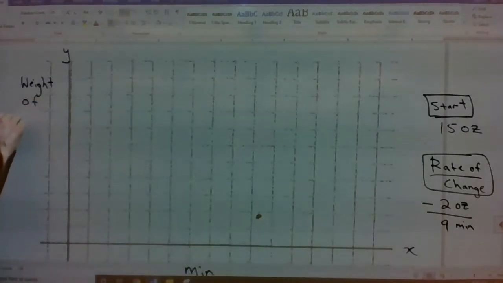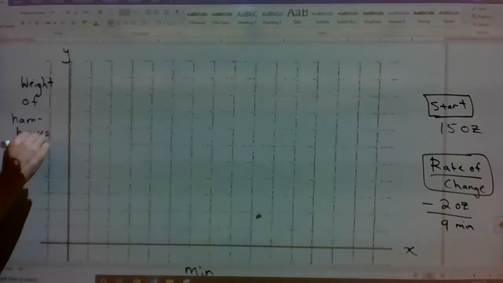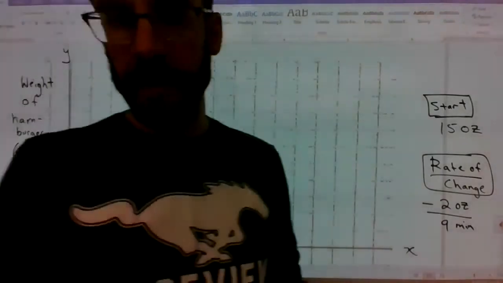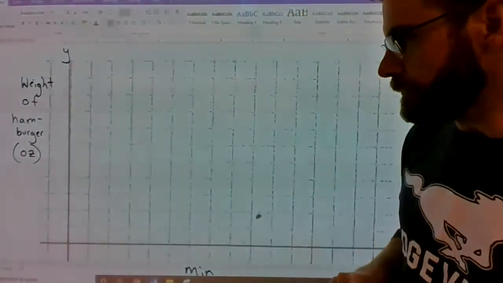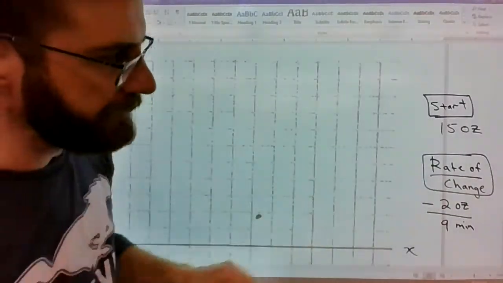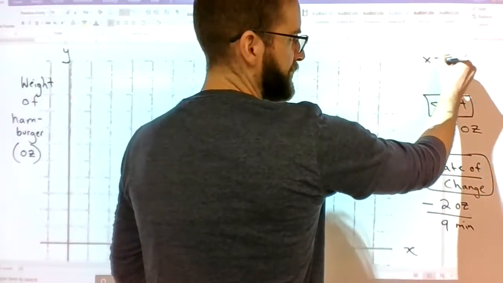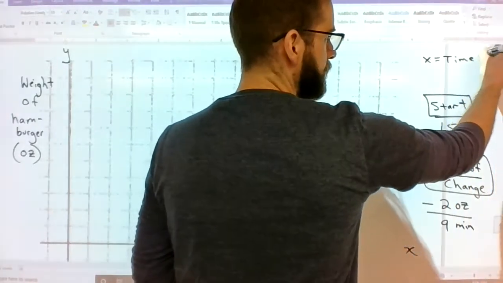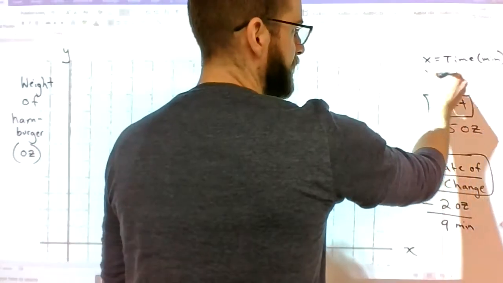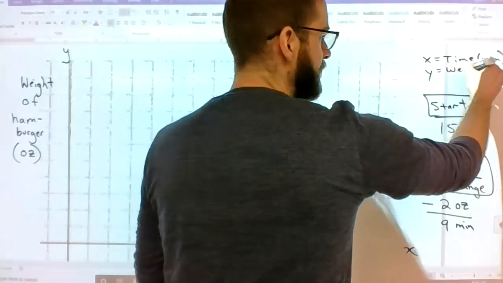Weight of hamburgers, or it's just one hamburger. And then the unit for that's going to be ounces, or abbreviated OZ. So, we should probably state off to the side that X represents time in minutes, and Y represents weight in ounces.